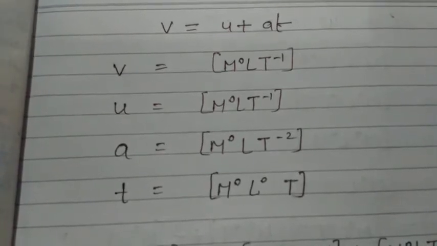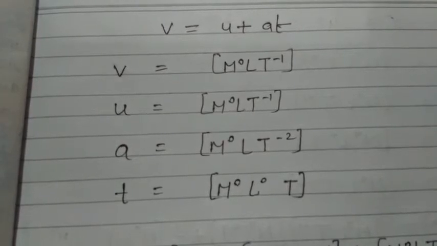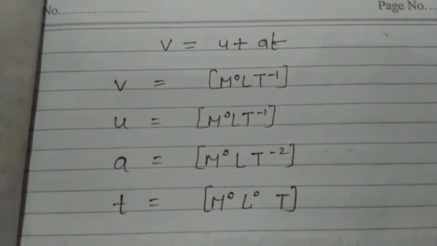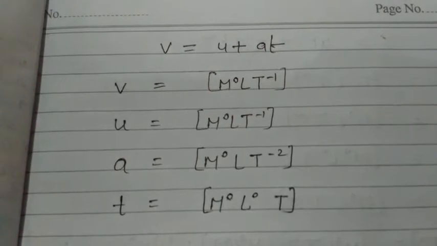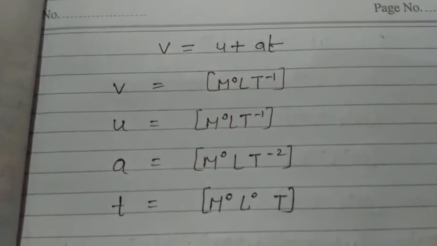To do that, our first step is to find out the dimensional formula of the different physical quantities. Here v and u are the final and initial velocities, a is acceleration and t is time.